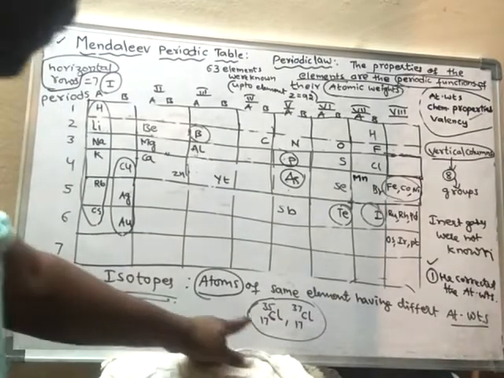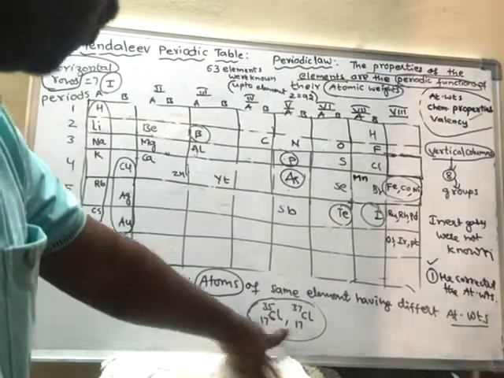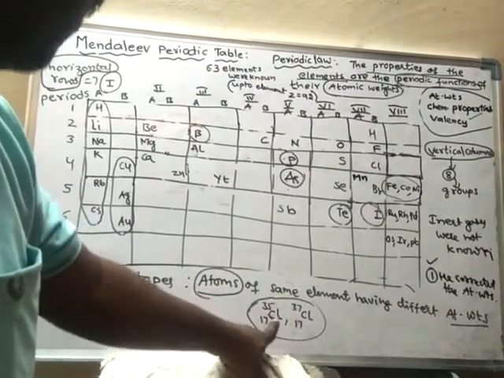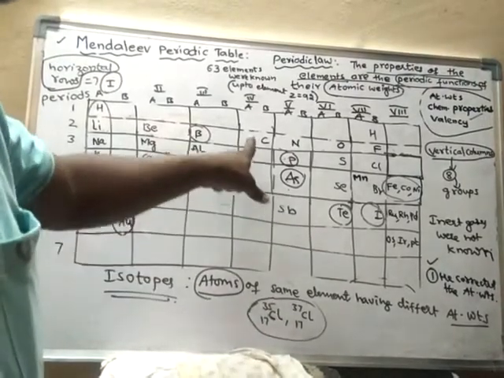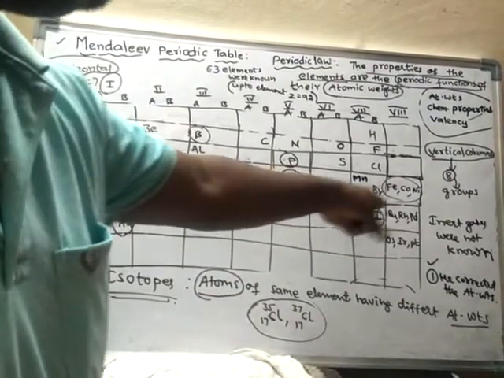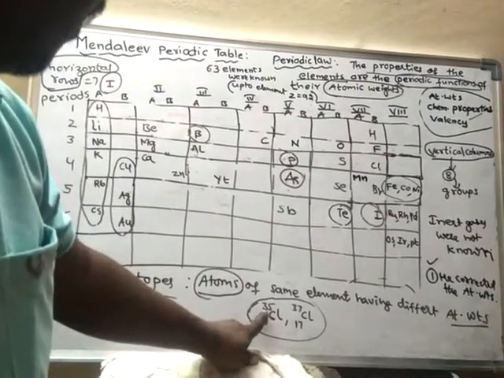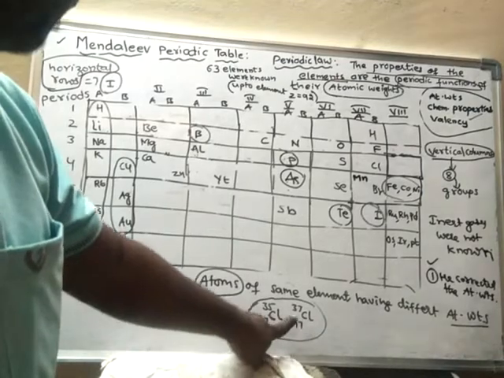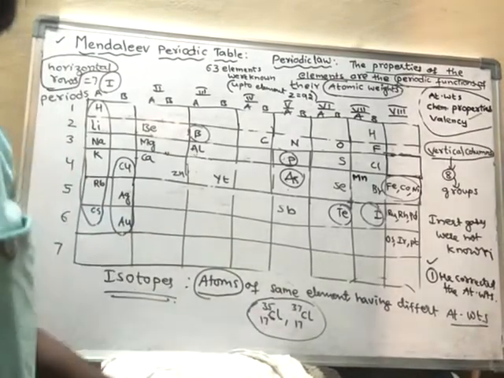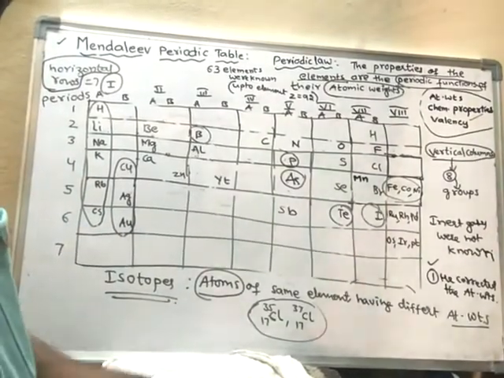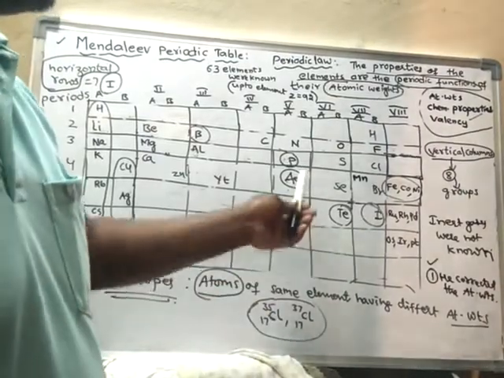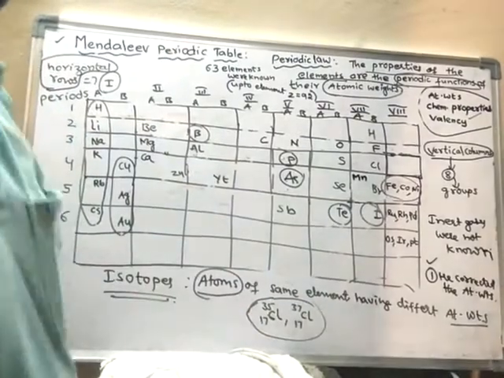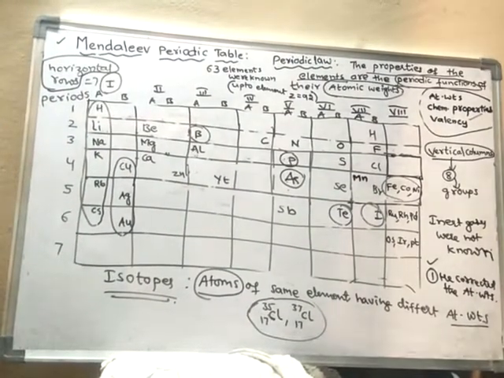So if you observe the isotopes of chlorine, as their masses are differing, this chlorine should be kept at one place and this chlorine should be kept at some other place, because this chlorine should come first before this chlorine, because they are differing in atomic masses. That means the same chlorine should be placed at two different places.